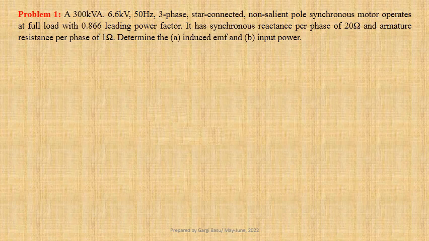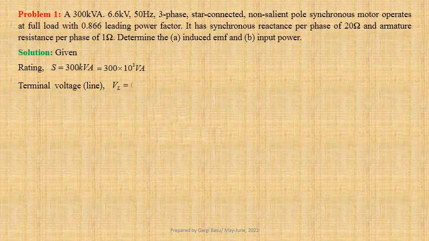Let us first write down the given data. Rating of the motor S equals 300 kilovolt ampere, that is equal to 300 into 10 to the power 3 volt ampere. Line to line terminal voltage VL equals 6.6 kilovolt, that is equal to 6600 volts.